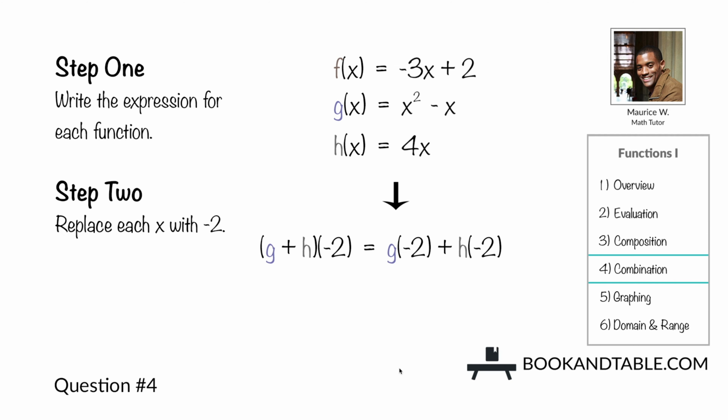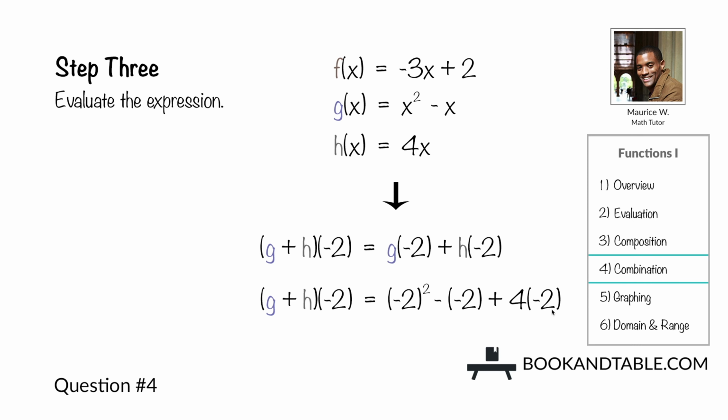In question number 4, we're asked to find g plus h of negative 2. So that would give us g of negative 2 plus h of negative 2. So step 1, write the expression for each function. So that would give us x squared minus x plus 4x. And now step 2, replace each x with negative 2, giving us negative 2 squared minus negative 2 plus 4 times negative 2.